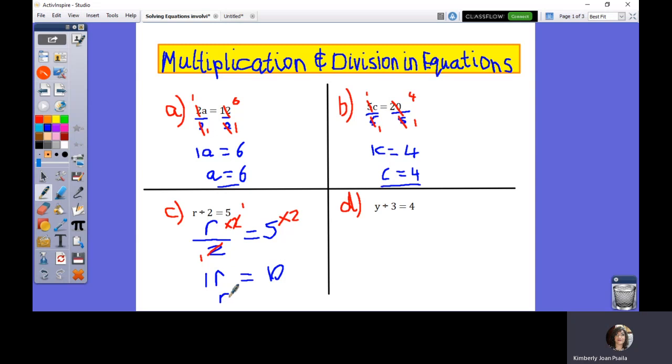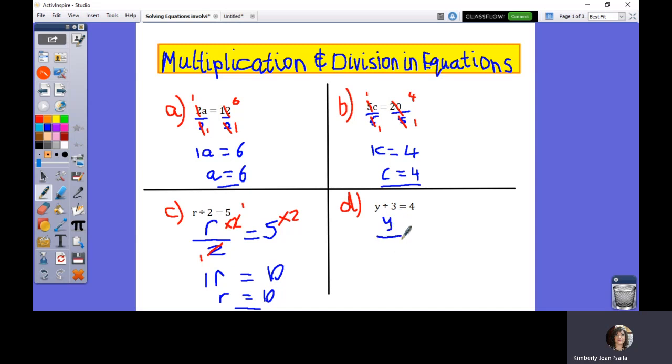So the value of r here was 10. You can check your answer by substituting this 10 for r. 10 divided by 2 gives us 5, so that is correct.